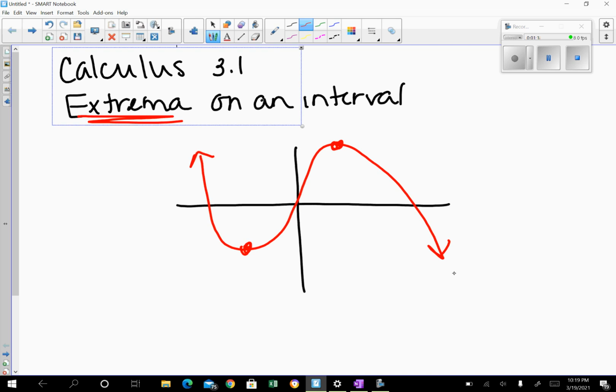But if we said, we just want to look at this graph on an interval. So we're going to pick an interval from A to B. So this is an endpoint, and this is an endpoint.